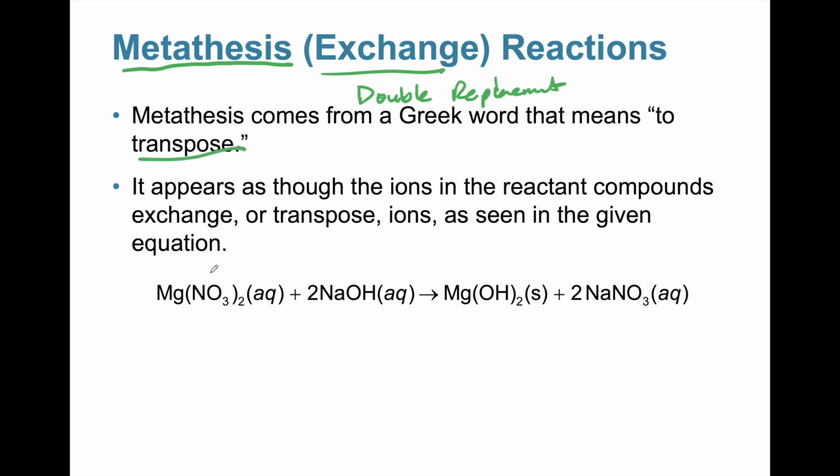Again, nitrate here switches partners and goes to sodium, whereas hydroxide switches partners and goes to magnesium, right? So basically, just remember that a double replacement, or metathesis, or exchange reaction, they all just mean that we're switching partners.